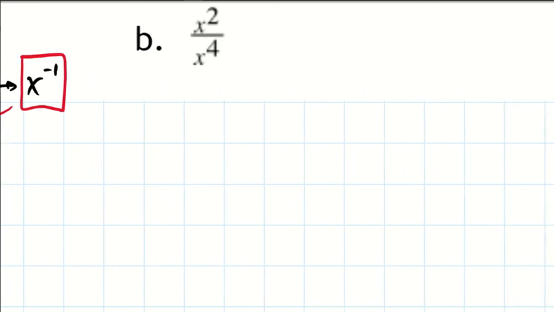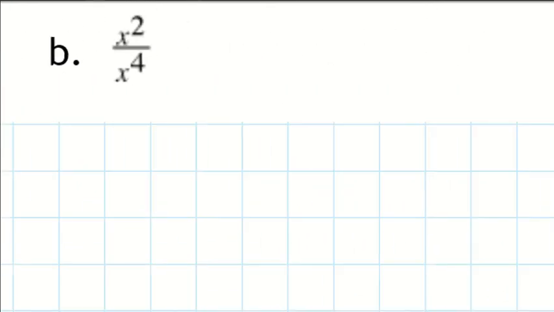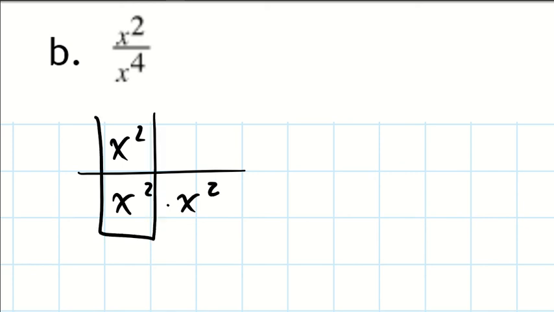Let's take a look at the next one. Same thing, using the giant ones. In the numerator, I've got x squared, and in my denominator, I've got x squared times another x squared. These group, and I'm left with, in the numerator, just the 1, and in the denominator, x squared.